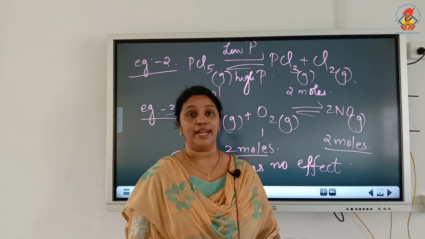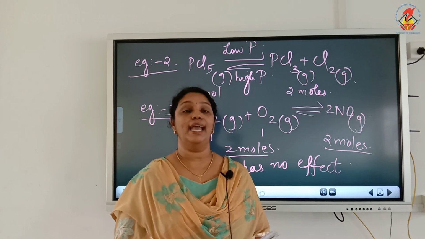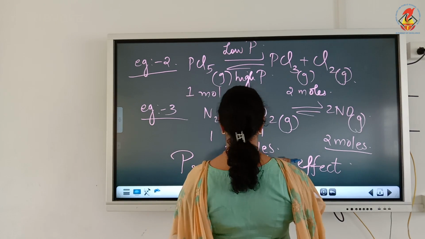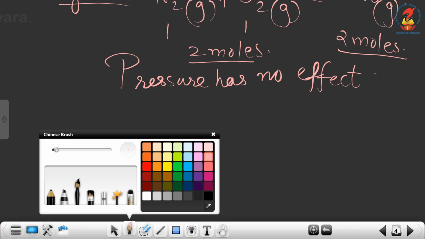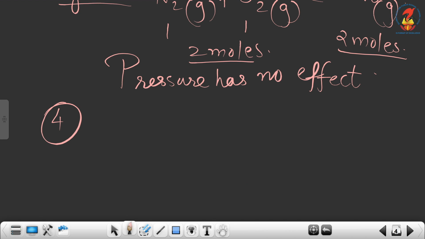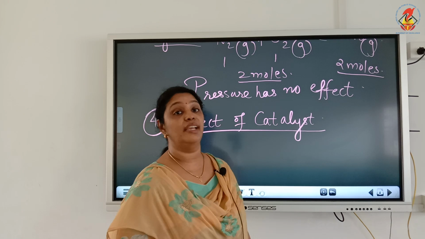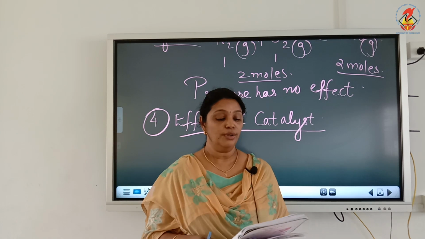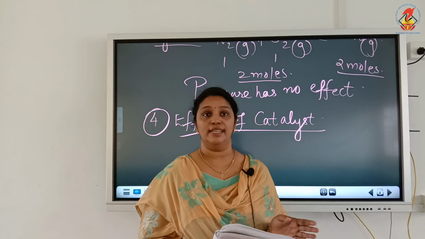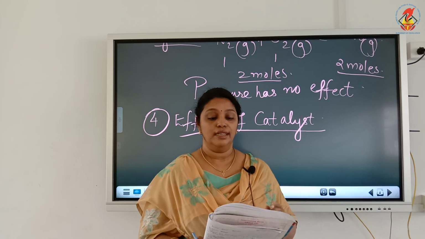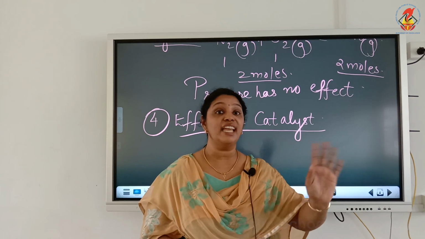Now the fourth factor is the effect of catalyst, number 4. You know, catalysts help to increase the rate of a chemical reaction. If a catalyst is present in the reaction, it does not change the state of equilibrium.